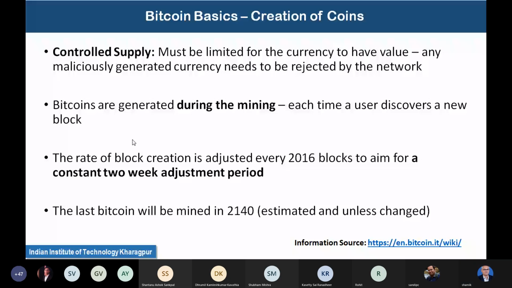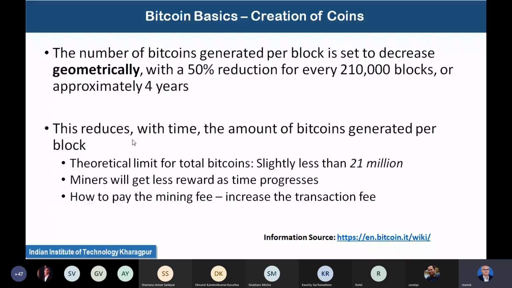Okay, and what was planned and decided by Satoshi is that the last Bitcoin will be mined in 2140, and the total number of Bitcoins in circulation will not exceed 21 million. So if you see the second bullet and first sub bullet, 21 million.